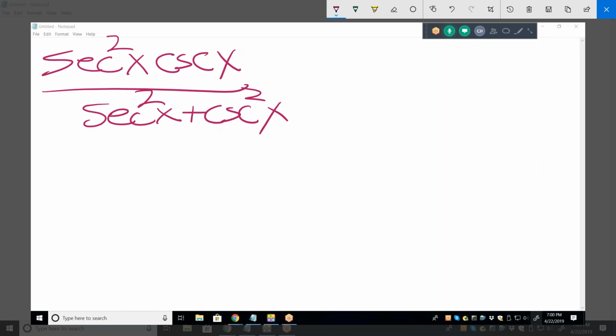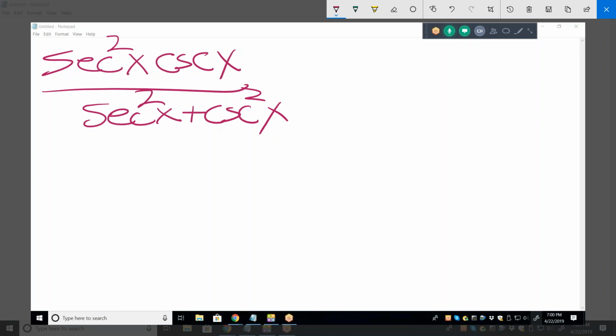Well, let's see. There's no identity between secant squared and cosecant squared, so I'm not going to use that. Since I can't see a different way to do it, I'm going to convert everything to sines and cosines and do the algebra.